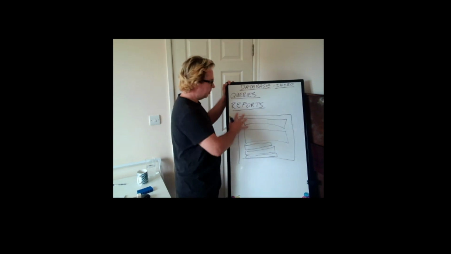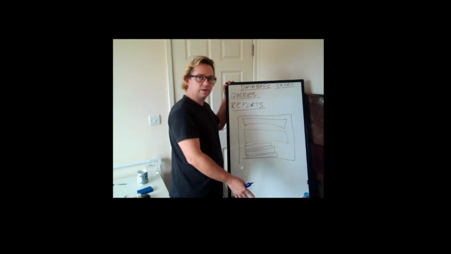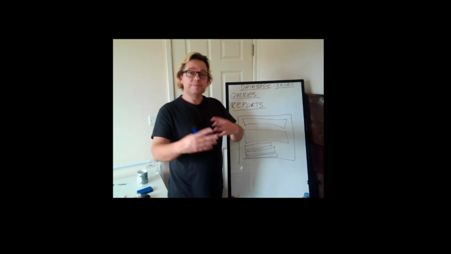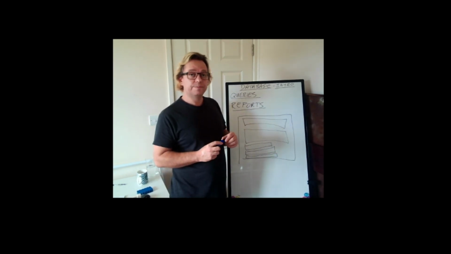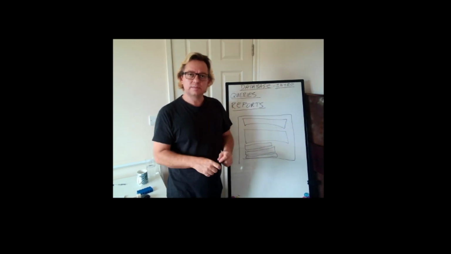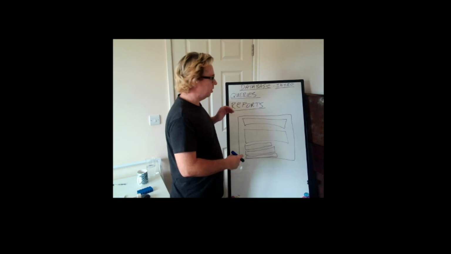Okay, so I can make it pretty, I can make the background colours, I can put a picture on there of a specific school or college logo, and I can make it look nice, and it's a printout, and that's the key thing with a report.